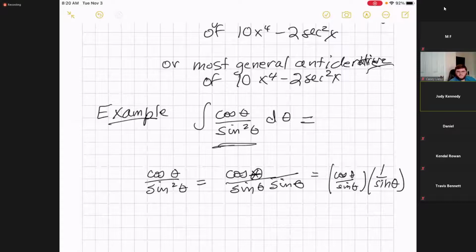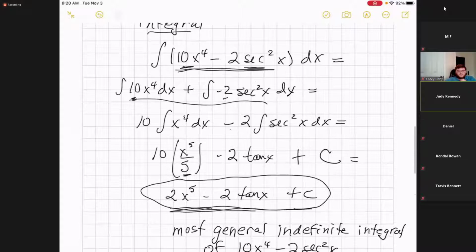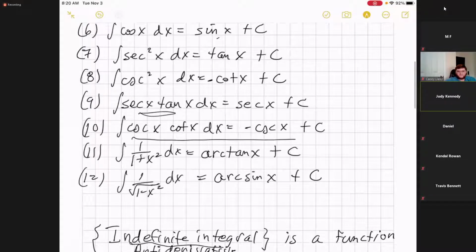Okay, and how does that help me? Well, cosine over sine is the cotangent. 1 over the sine is the cosecant. And how we integrate that function, cotangent of theta times cosecant of theta, is in the table. Okay, it's right there.